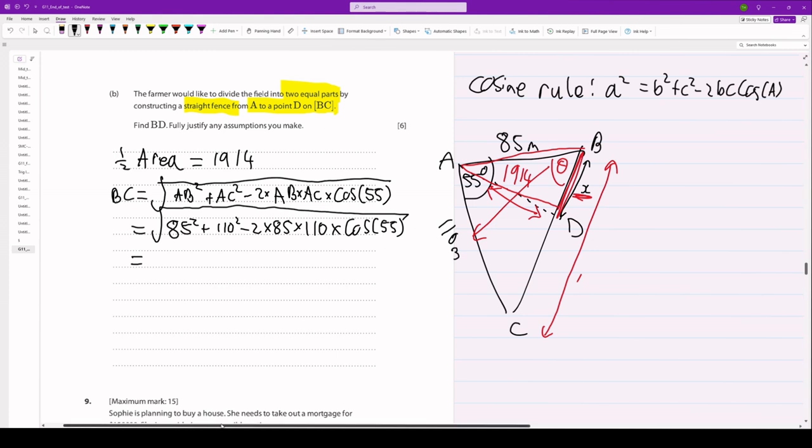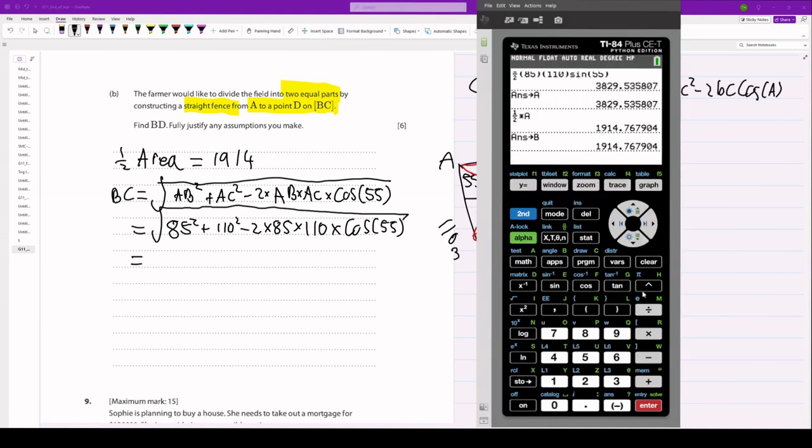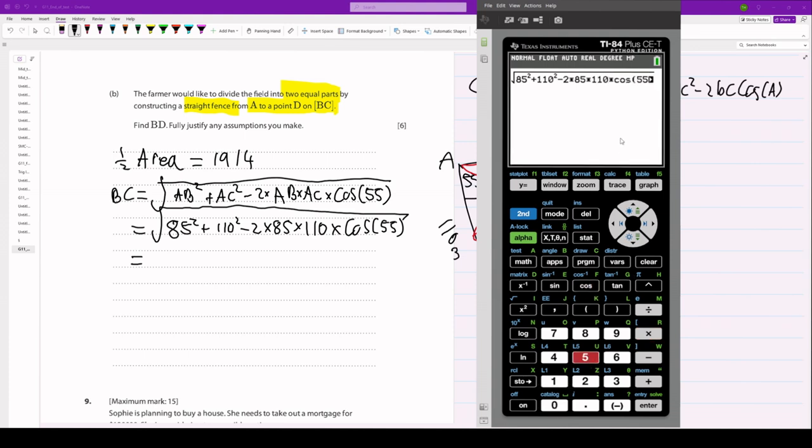Right. Calculator time. Square root of 85 squared plus 110 squared minus 2 times 85 multiplied by 110 multiplied by cos 55. Check that it's in degrees.